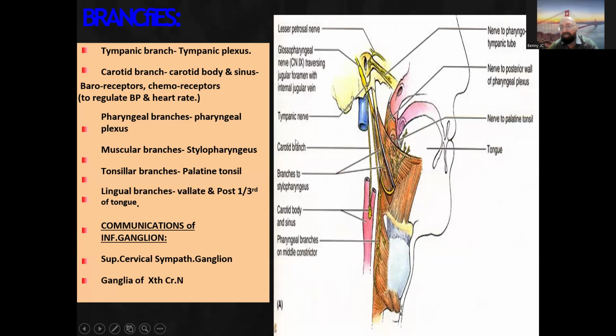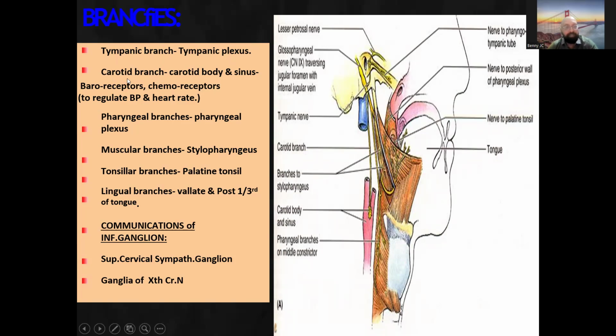Since this is a very widely distributed nerve in the head and the neck, with regard to several structures, we have a lot of branches. The tympanic branch, the branch which enters the middle ear, forms a plexus. In fact, the glossopharyngeal nerve is the main contributor to the tympanic plexus, which is lying on the promontory of the medial wall of the middle ear.